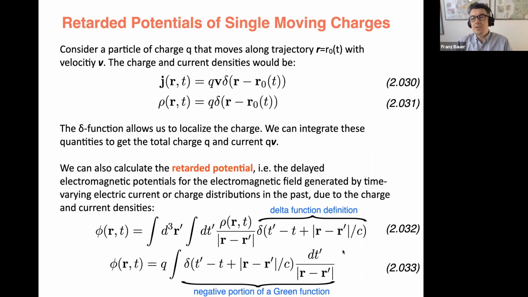So we have this delta function, which is both its original position, but also takes into account that it's moving. And so that delta function has a time component as well. We can remove the charge from this, and we have this ugly little derivative that we have to do, which is a Green's function. And so we need to solve this to end up getting the charge potential.